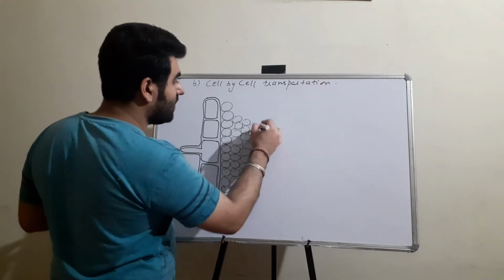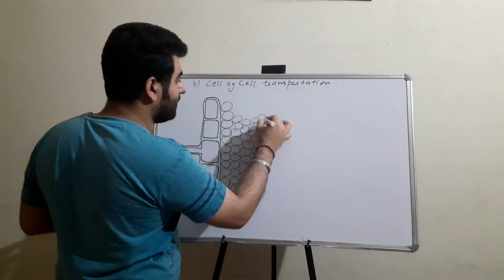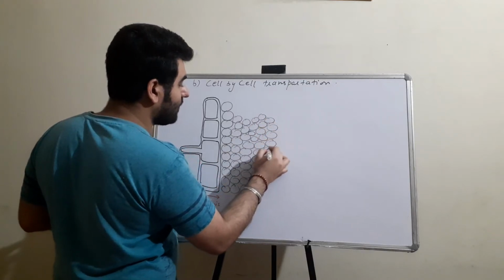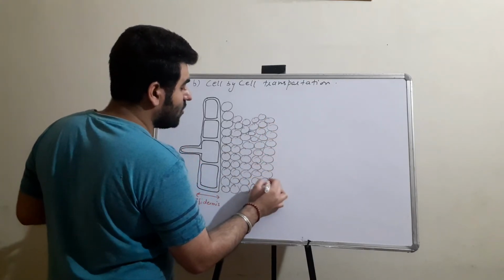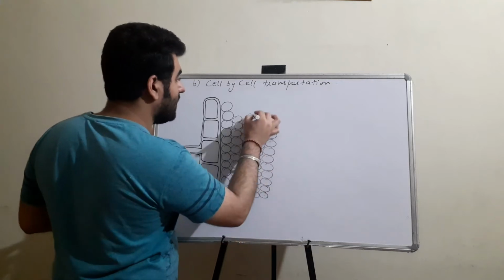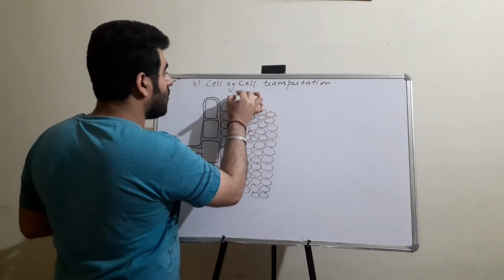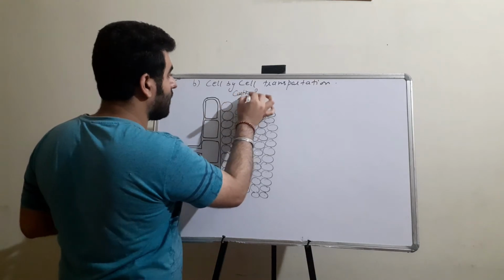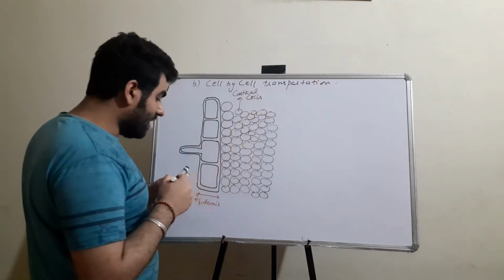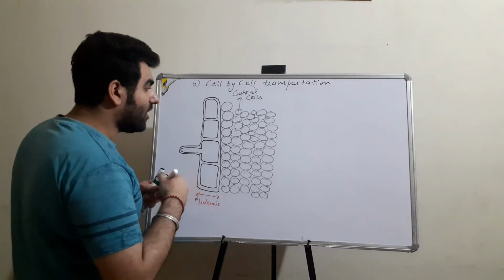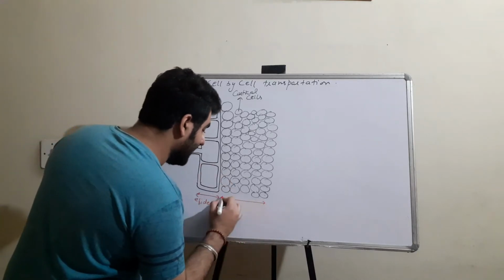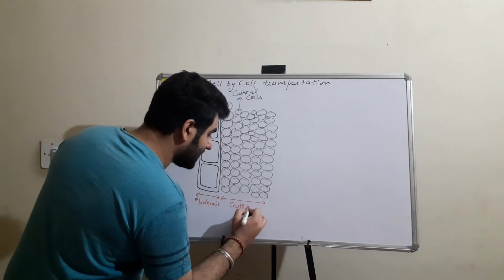These are the cortical cells, all of them. So let us just label it. So these are cortical cells, and the complete layer is known as cortex.